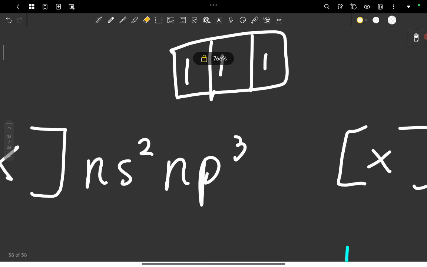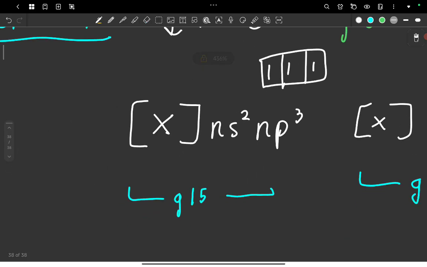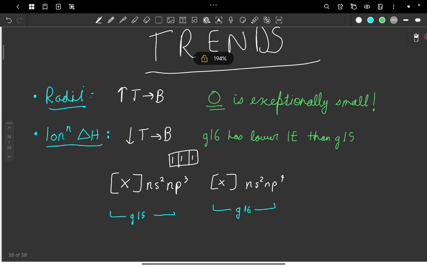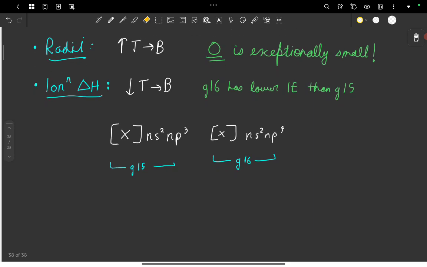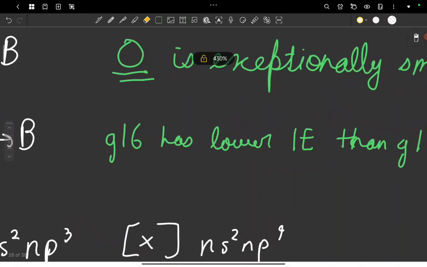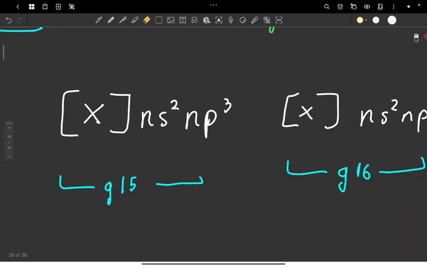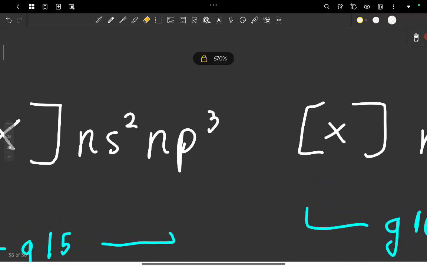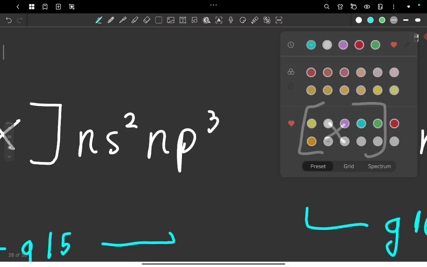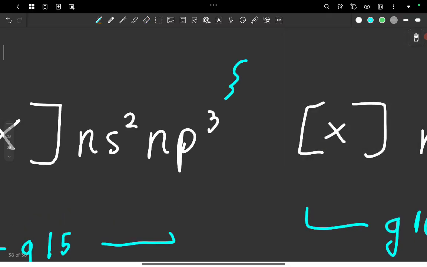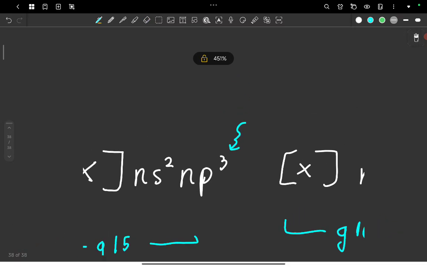Symmetry causes stability, which is why if something is more stable, you will have to provide more energy in order to break that stability. So this is why group 15 elements have higher ionization enthalpy, because you need to provide more energy in order to break the stability given by this half filled p shell.